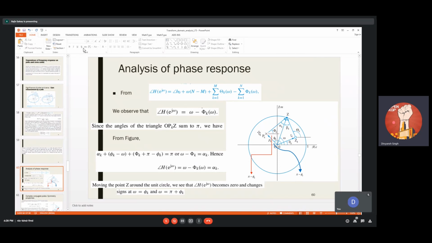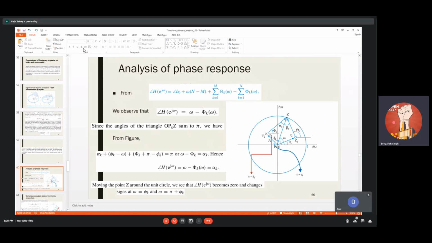Now PK is making an angle capital phi k with respect to the x-axis, that is given here. And this pole is making a small angle phi k with respect to the real axis, whereas this vector PKZ is making an angle phi k with respect to the horizontal axis.